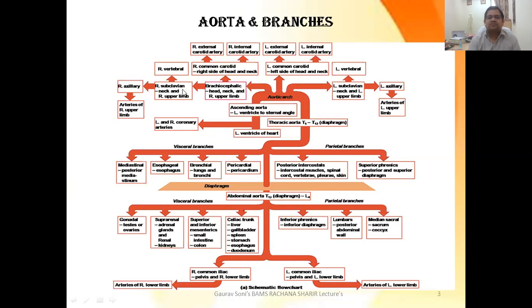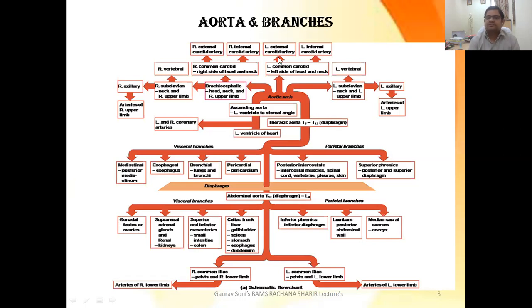In the meantime, from the subclavian artery, one branch moves toward the vertebral artery. From the brachiocephalic, the common carotid arises, which further divides into the internal and external carotid artery. Likewise, on the left side there is a little difference: the common carotid is a direct branch of the aortic arch.